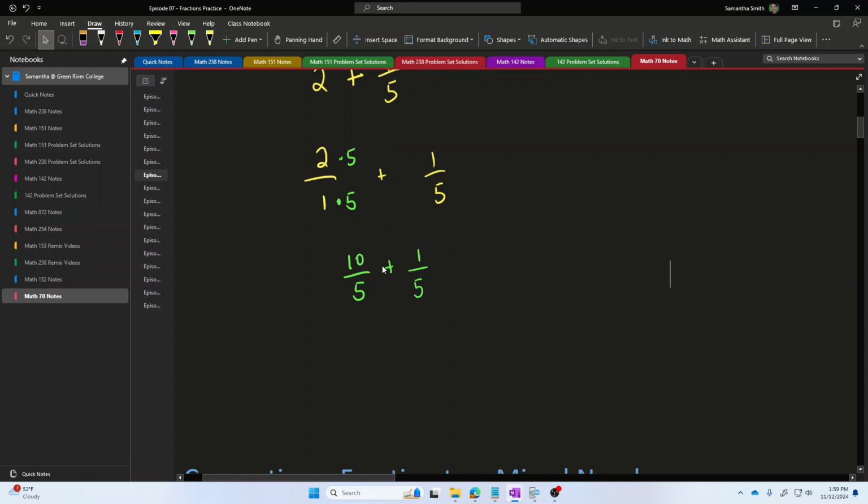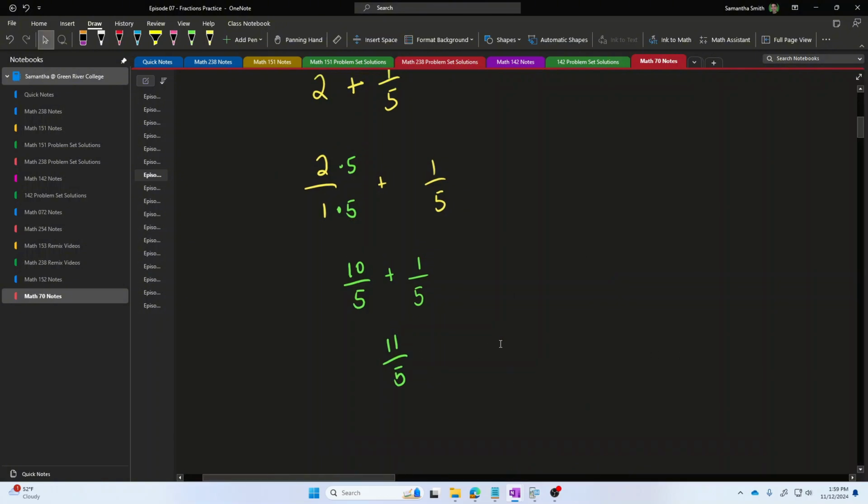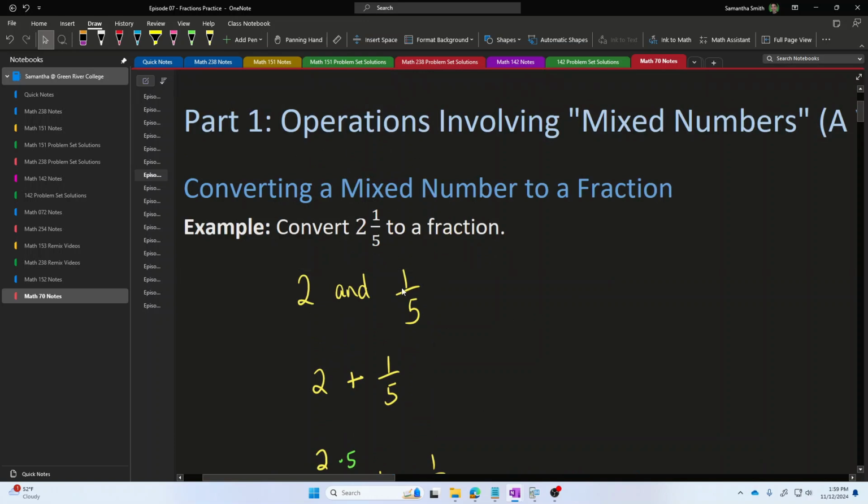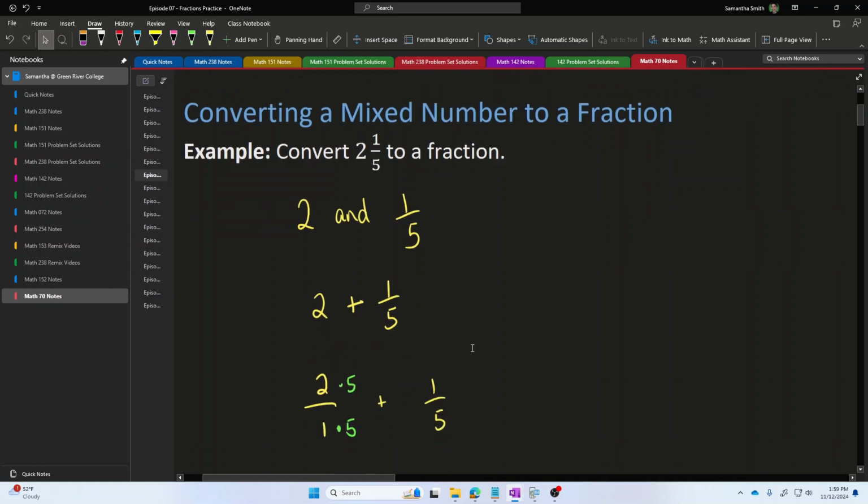If I have 10 fifths and I have 1/5, then 10 plus 1 in total gives me 11 slices of this size. So this is how I would convert a mixed number to a fraction. If I have 2 and 1/5, if I have 2 plus 1/5, then I can convert that mixed number to a fraction just by adding those quantities together.